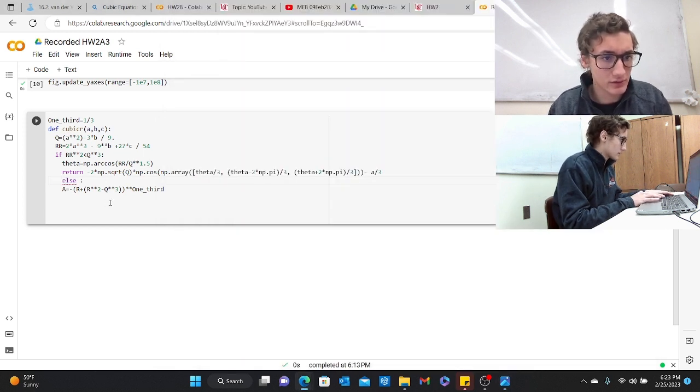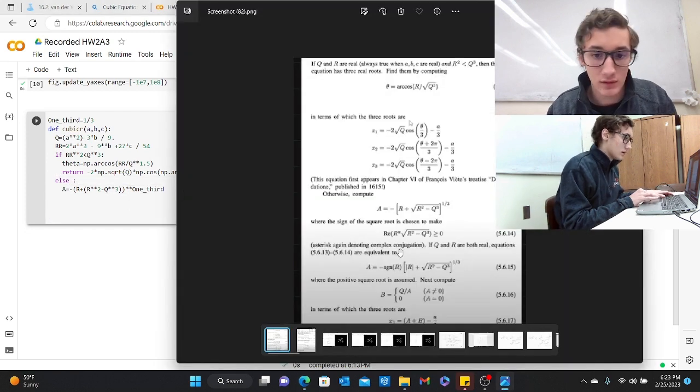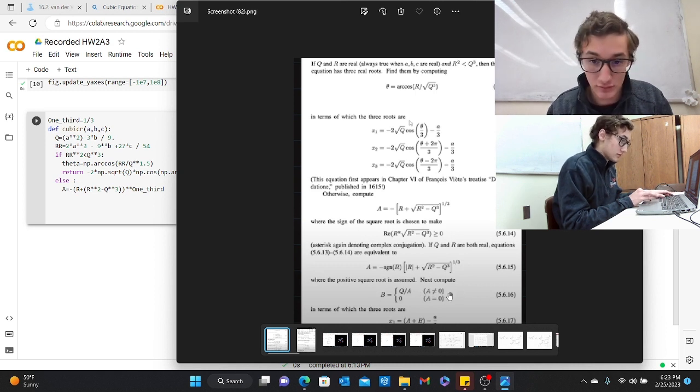Let me see if that works. Okay, we're going to undo that. Now, b equals 0 if a equals 0, else b equals q over a is what I want to say.